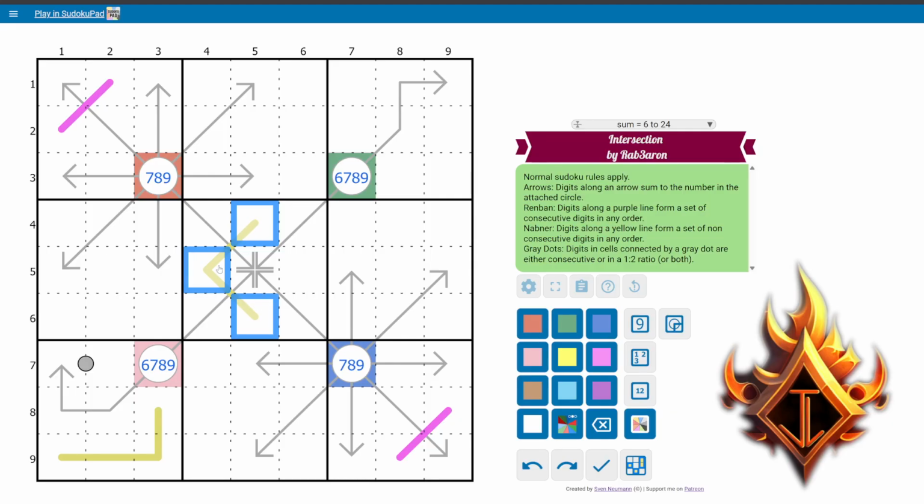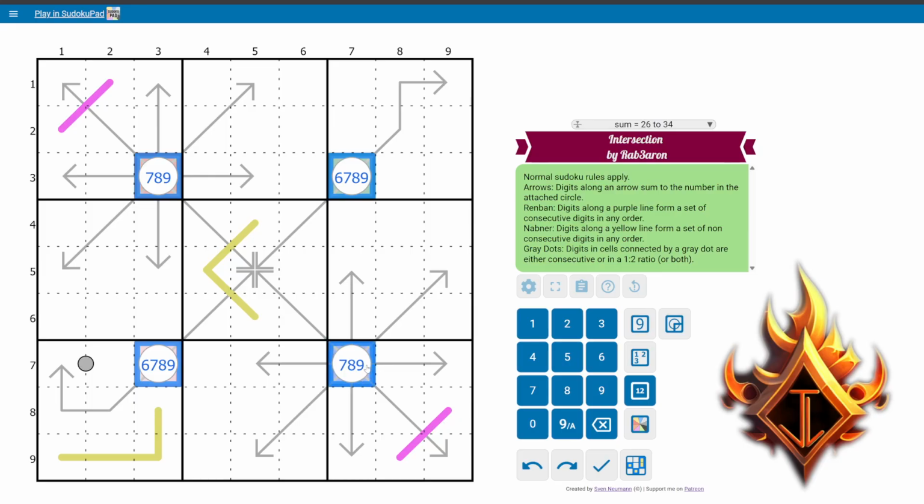There cannot be 3 of these digits along there, because if there were, one of them or 2 of them would be consecutive with each other.